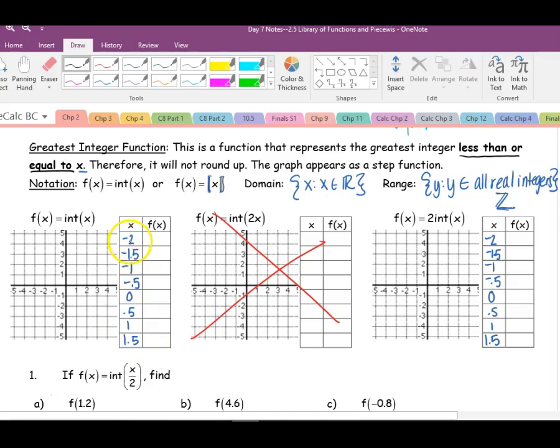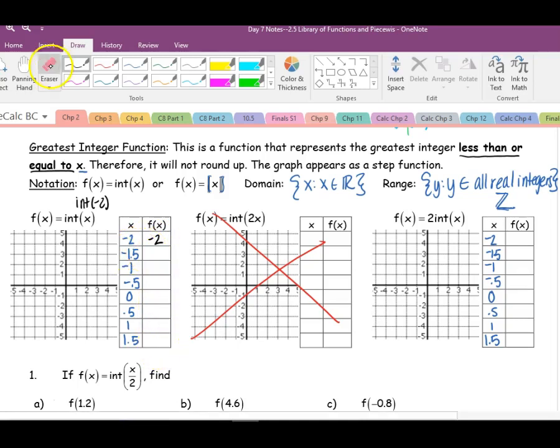We're going to take -2 and plug it in place of x. And you're rounding down to the next smallest integer. Now, in this case, -2 doesn't round at all. It would just be -2. Okay, we're going to fill in the table first, then I'll show you how to graph it.